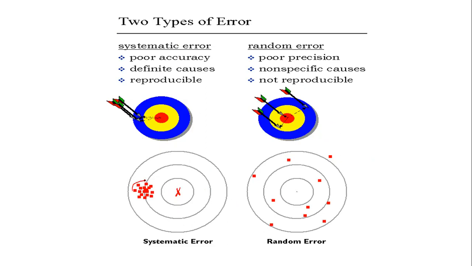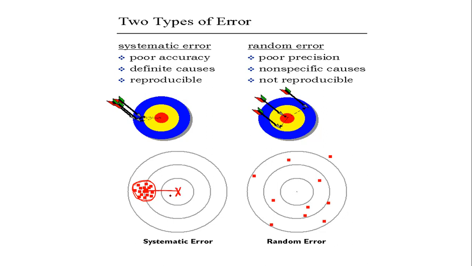They are all gathered over here, and the differences between all these readings are very small. They are very close to each other, but they are not giving you the actual value. They are far away from the actual value.